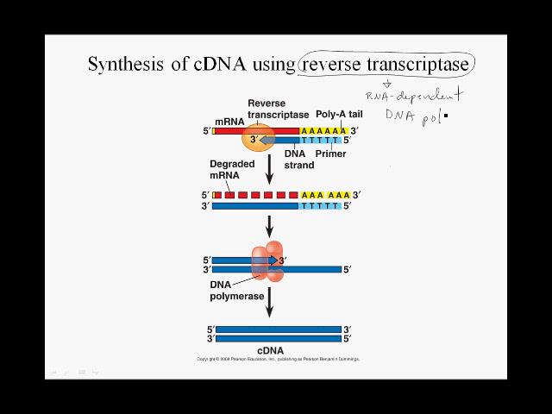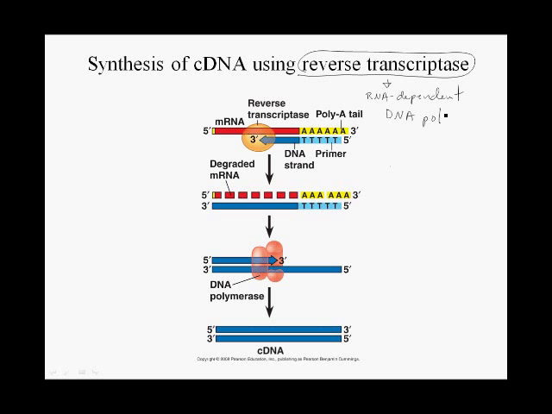So reverse transcriptase is a DNA polymerase, only it reads messenger RNA. So it uses messenger RNA or any RNA molecule as a template and synthesizes DNA that's complementary to the RNA template.